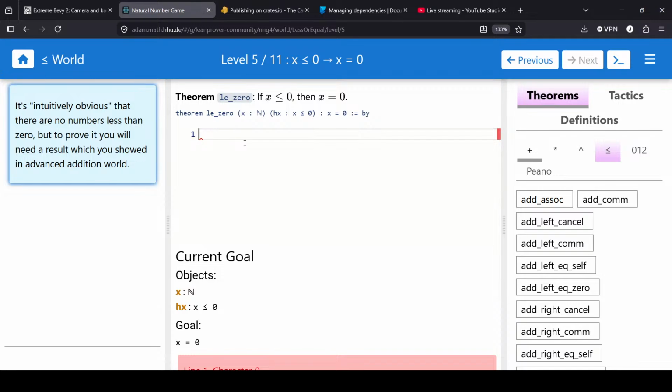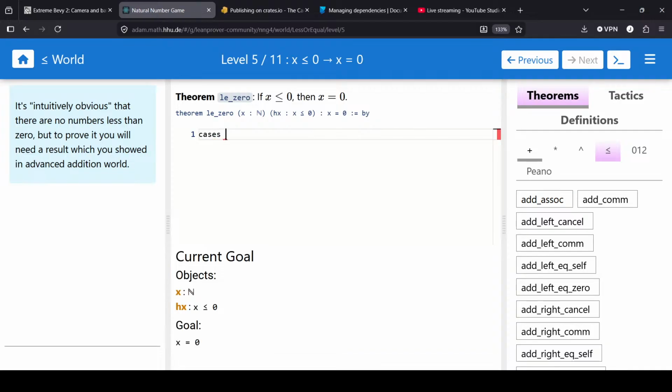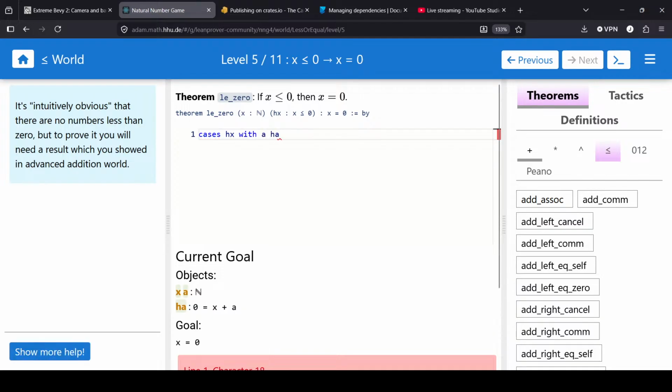So I probably should. Oh, but it's in my HX. So I probably want to cases U. AHA maybe? Sure, we introduced an A. We got this. And I need a result from Advanced Addition World, really?